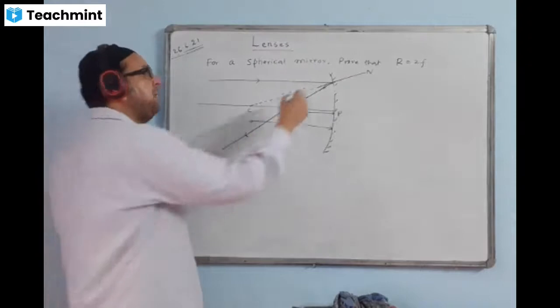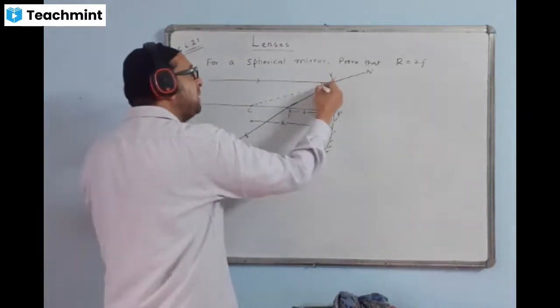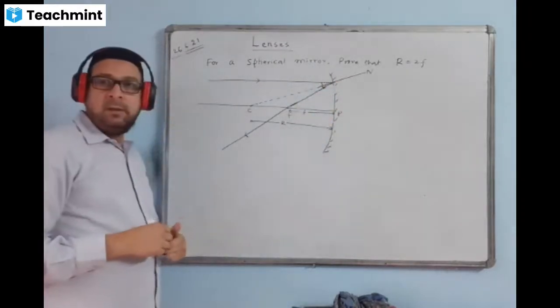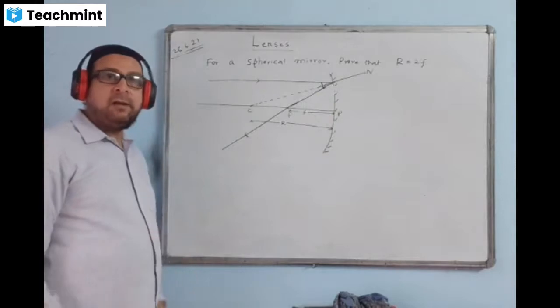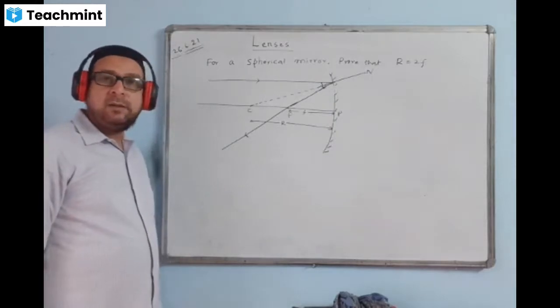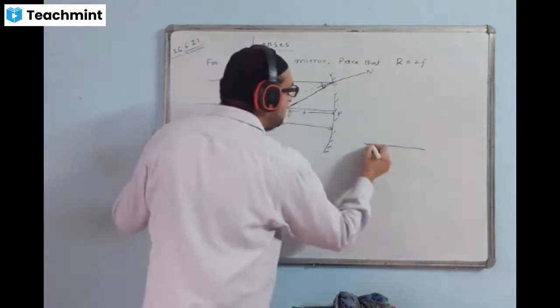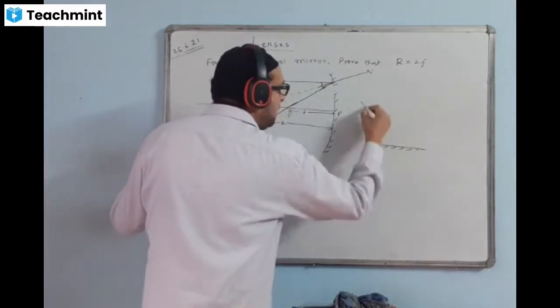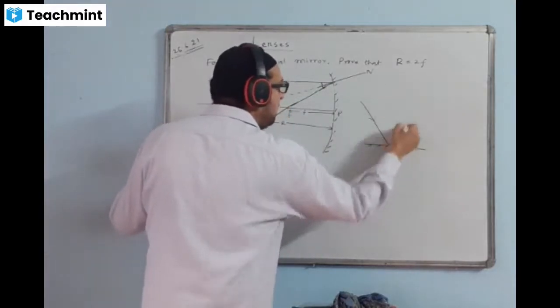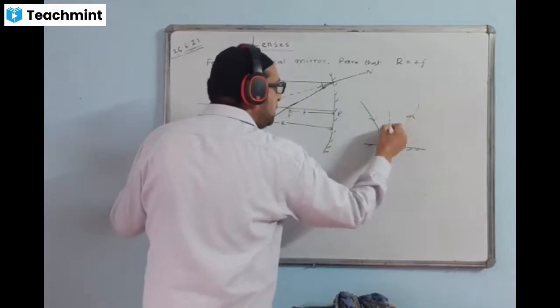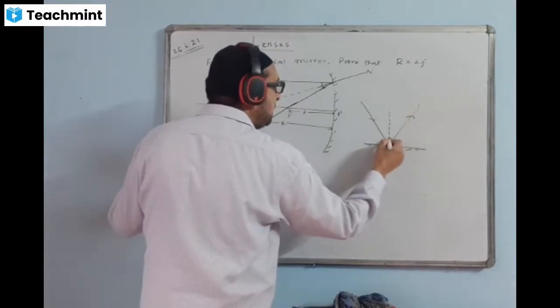Reflection is taking place here. At reflection, angle I and angle R are always equal. We know that. Just take the case of a plane mirror here, a ray coming here, reflected. Here is the normal. These angles are equal, no?